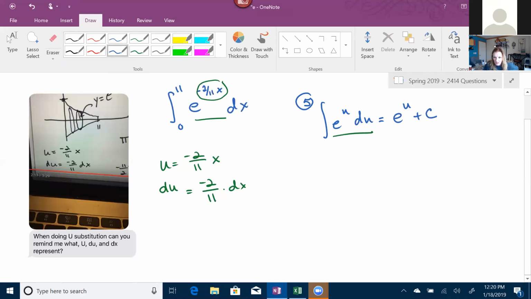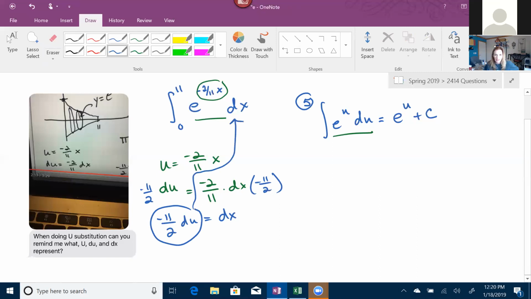So the way that you would solve for it is divide by -2/11 on both sides, or multiply by -11 halves. Either way you want to think about it to isolate that dx. So you're going to have -11 halves du is equal to dx. Okay, so now you're going to be able to pop in -11 halves du right in for your dx.